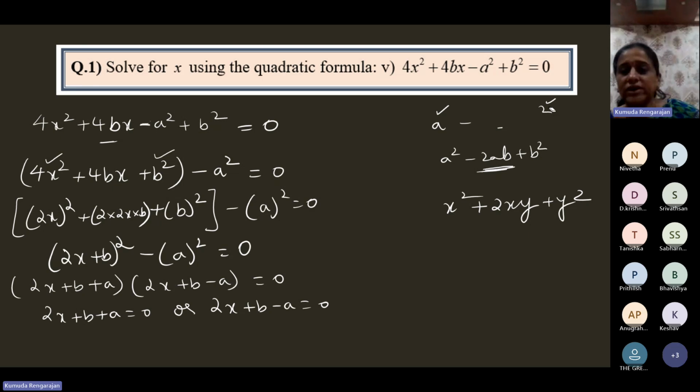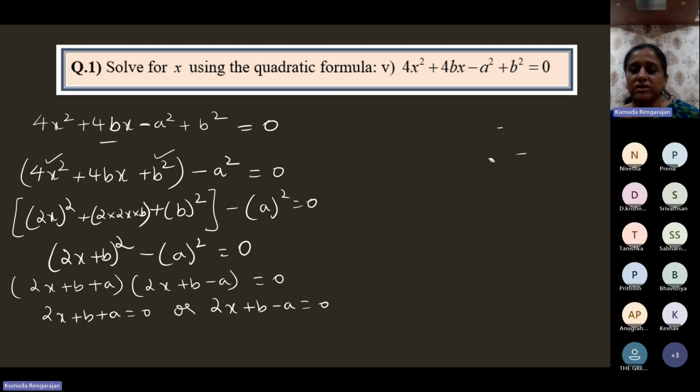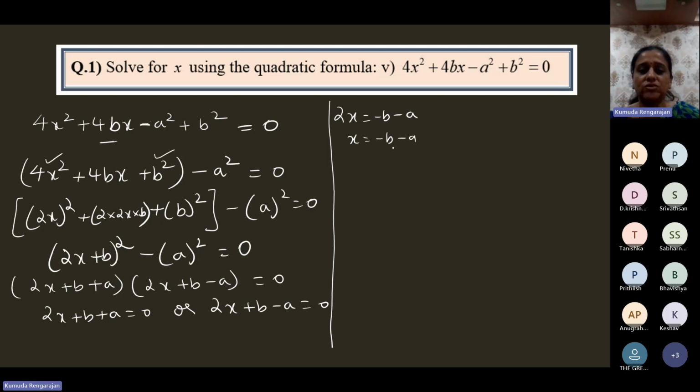So now you're working to find x. Have the x term on the left-hand side and take all the other terms to the right-hand side. So 2x is equal to minus b minus a, so x is equal to minus b minus a by 2.